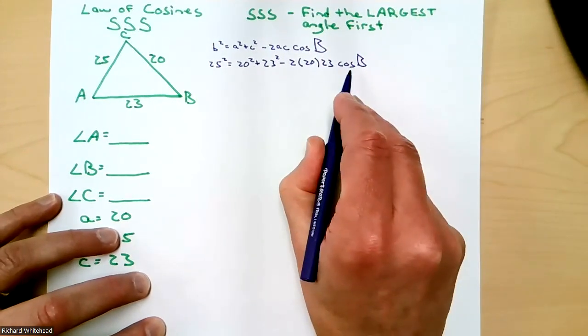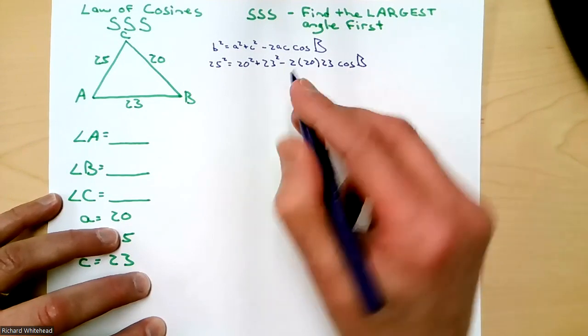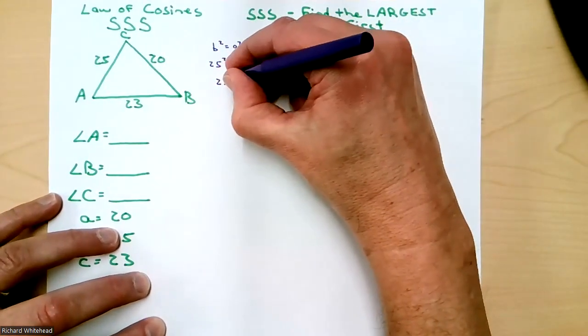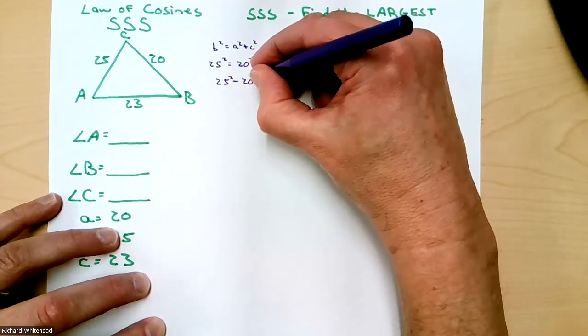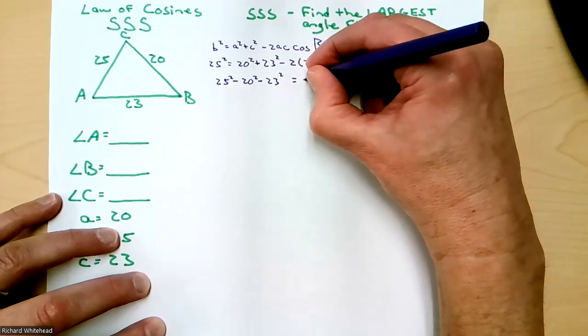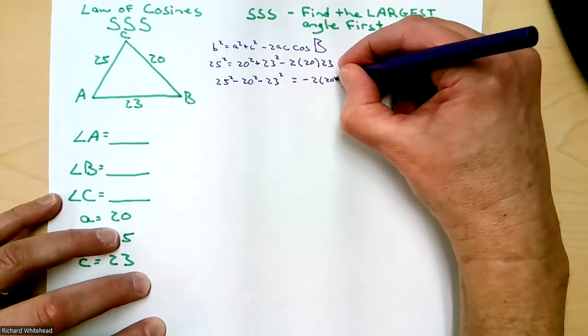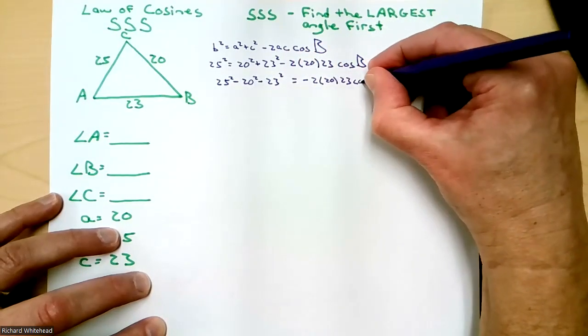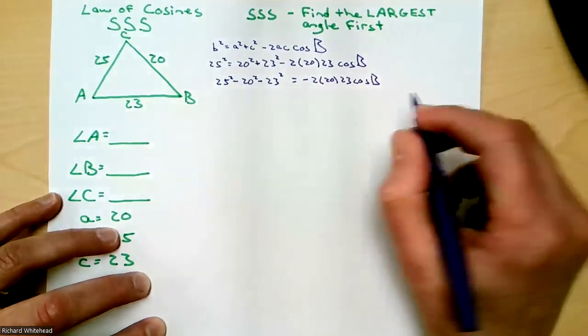See, because you've got cosine B over here by itself, and we're trying to solve for B. So basically, what I always like to do is move these guys to the other side. And you know how it is, there's always more than one way to do these problems. You can do whatever you want.